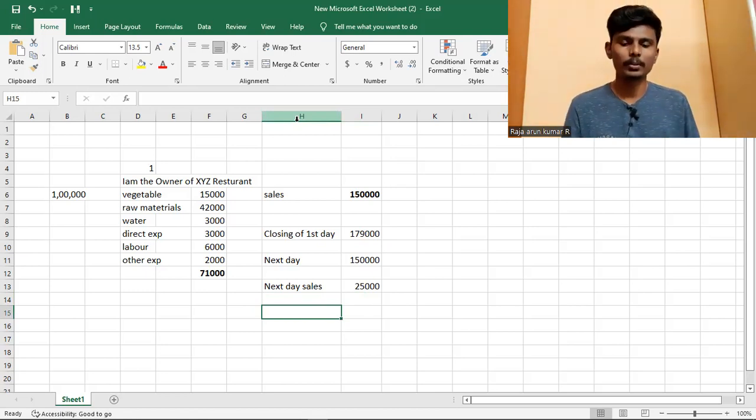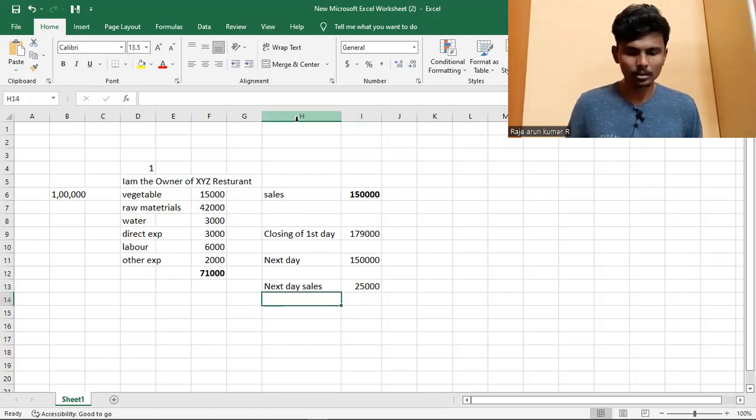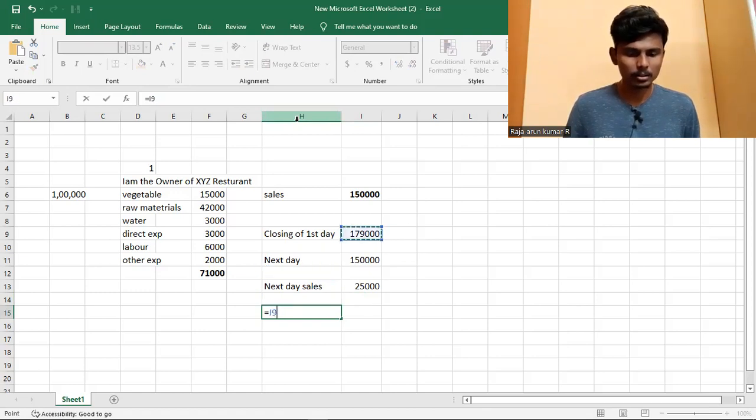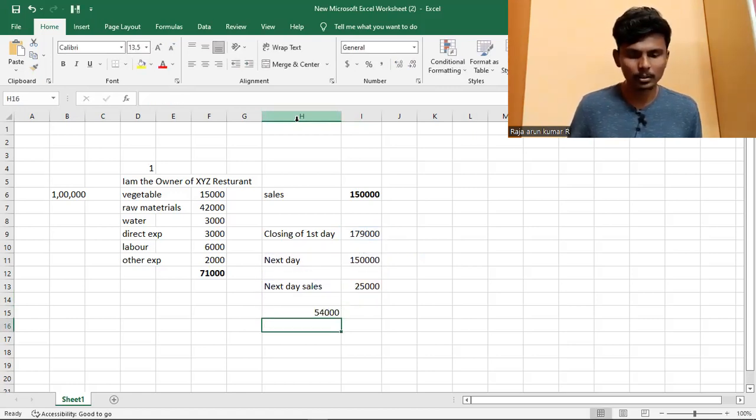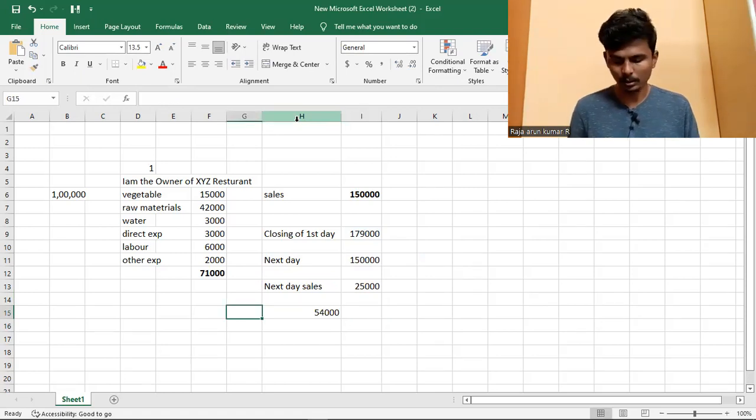There is a difference from day to day. So the closing of the day is carried forward to the next day, plus sales minus next day expenses. I have 54,000 in the second day closing.